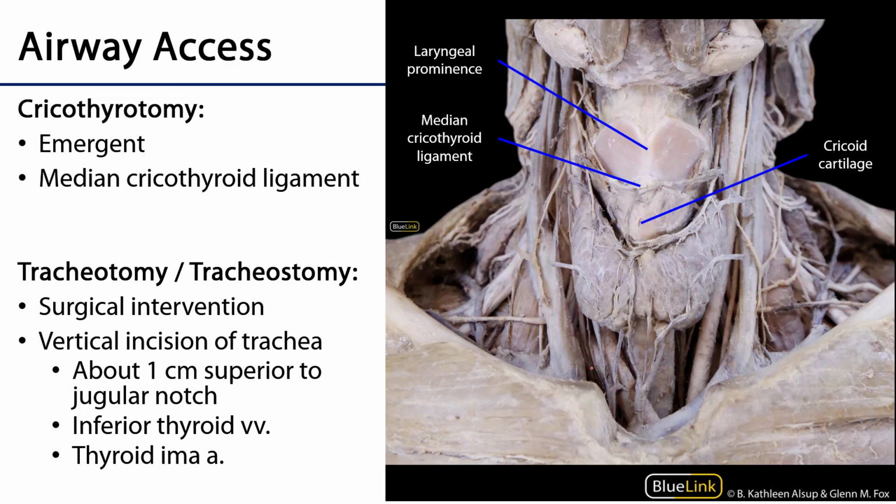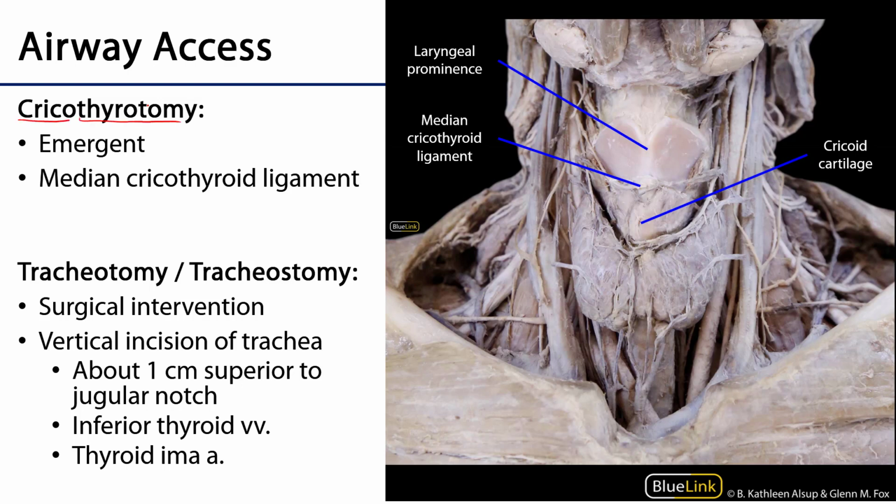With respect to airway access, there's some very relevant anatomy to discuss. Now, there are two forms of airway access that we'll discuss here. The first being the cricothyrotomy.